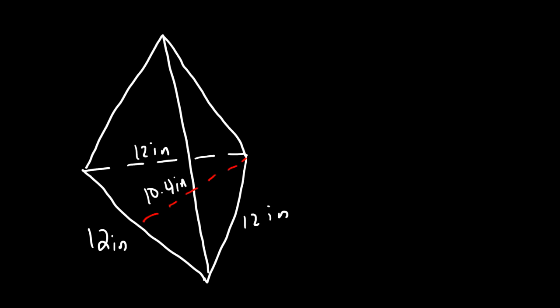And let's say that the slant height, let's say it's 15 inches long. Using this information, go ahead and calculate the surface area of this triangular pyramid.